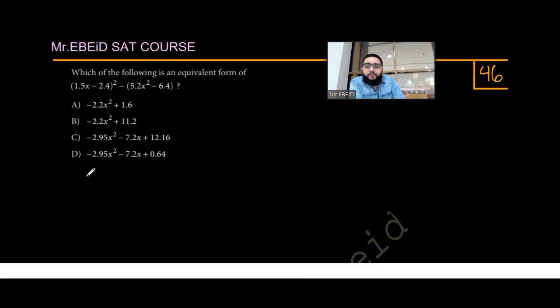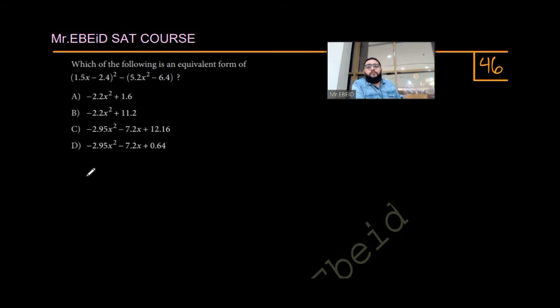A very important question. Which of the following is equivalent to the form (1.5x minus 2.4) squared minus (5.2x squared minus 6.4)? How can we solve this kind of question? You can use the calculator to find the final answer, or you can also use logic.